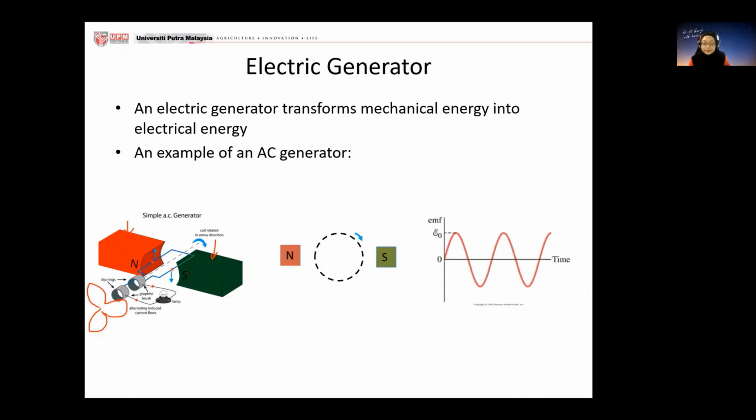So what happens is, imagine that the movement is clockwise. That coil will move, right? It's going to move something like that, clockwise motion. Okay, just bear with me one second.